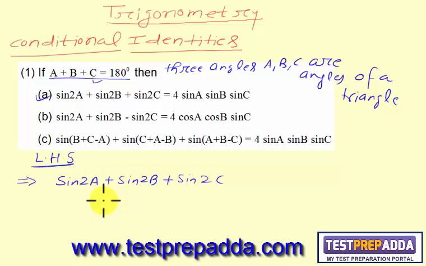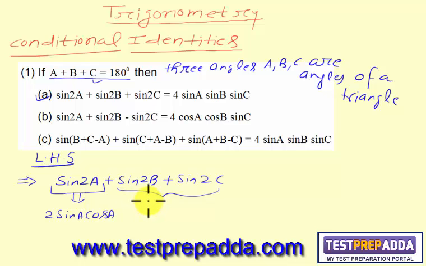Now recall the trigonometric session of multiple angles. There we derived sine 2A. If I open this, it becomes 2 sine A cos A. Now here, sine 2B plus sine 2C.